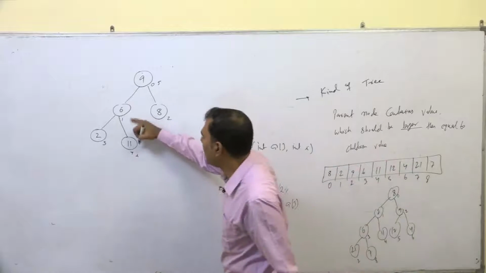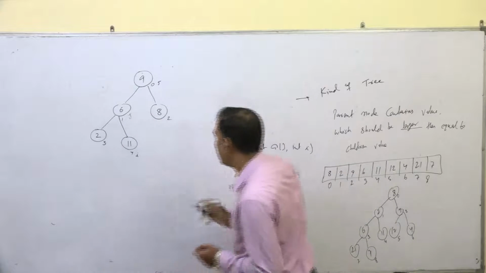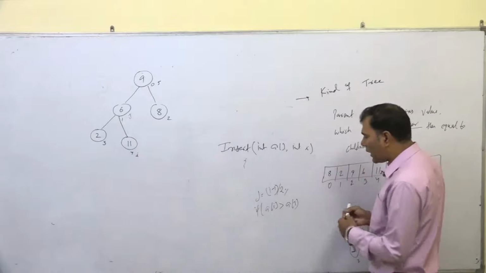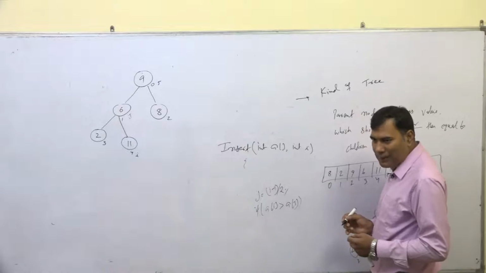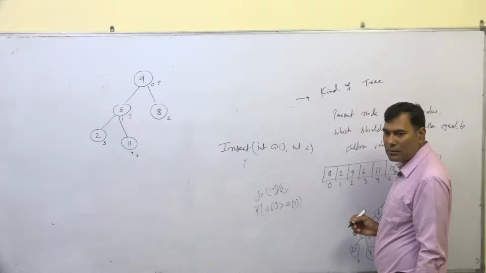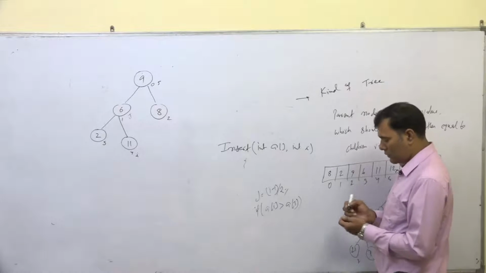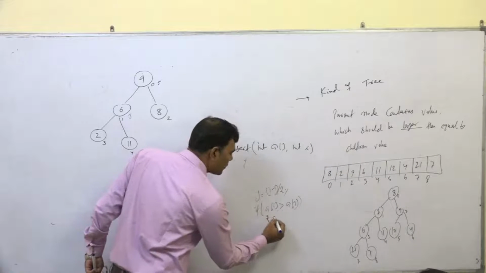So J is here. So first compare I and J: whether A of I is greater than A of J. Yes means swap it. Clear? So swap. How to perform the swap? Just write swap.